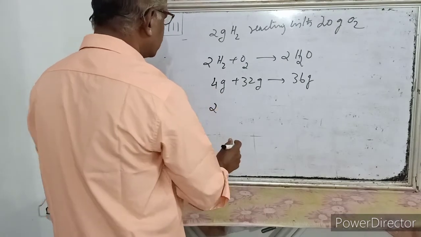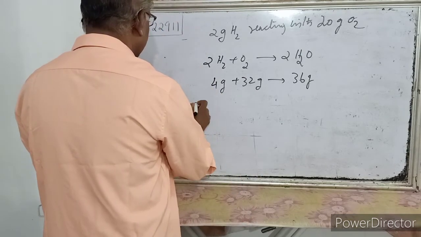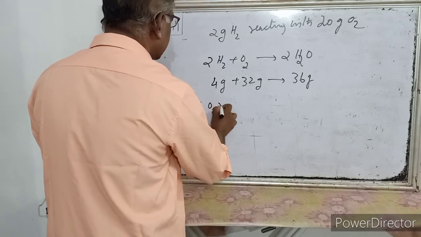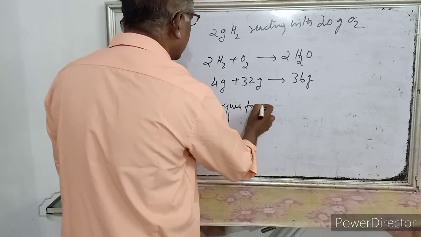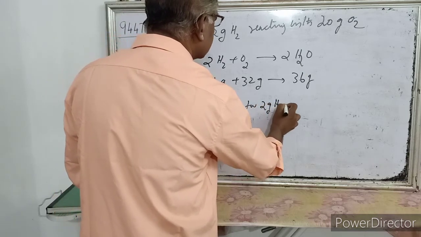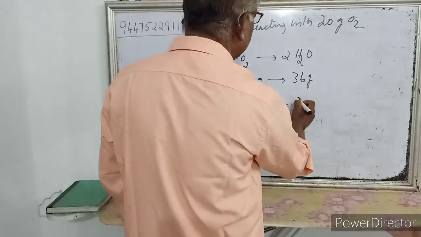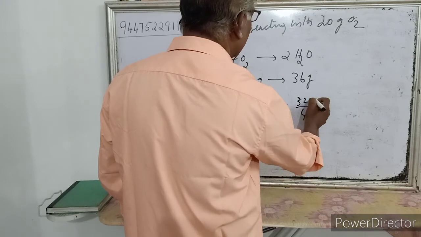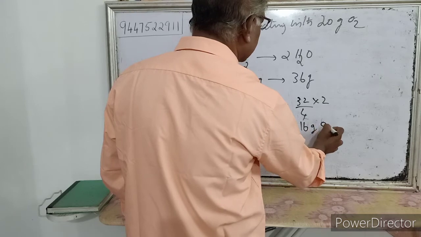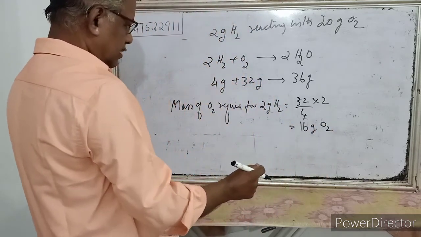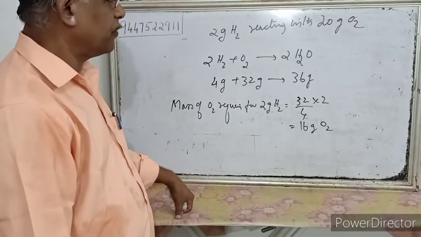So the mass of oxygen required for 2 grams of hydrogen: 4 grams require 32 grams, so 1 gram requires 32 by 4, so 2 grams into 8, that is 16 grams of oxygen. 2 grams of hydrogen require only 16 grams of oxygen for forming water.